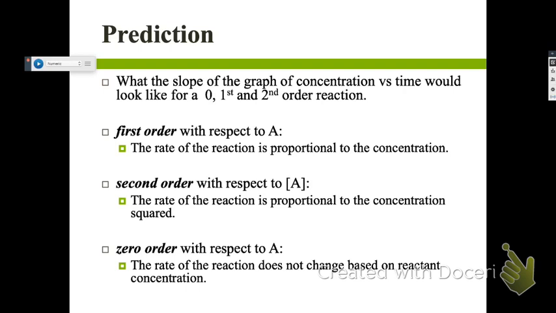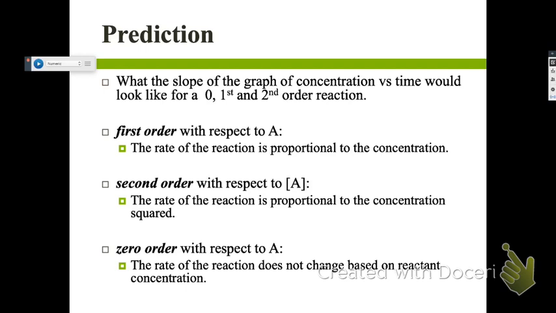Remember, the rate is the slope. So when are we going to have the biggest slope, when we have the most or the least amount of reactant? The most. It's whatever the concentration is squared, so the bigger the concentration, the bigger the rate of that reaction. So you're going to start with a very steep slope, and it's going to have a deeper plunge.